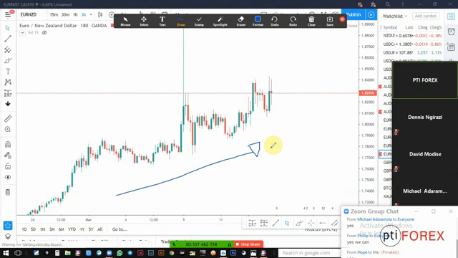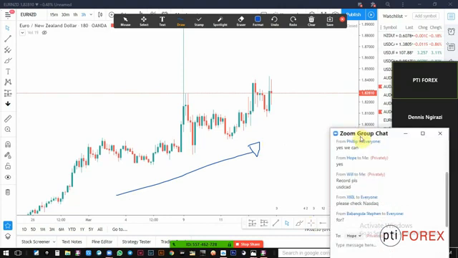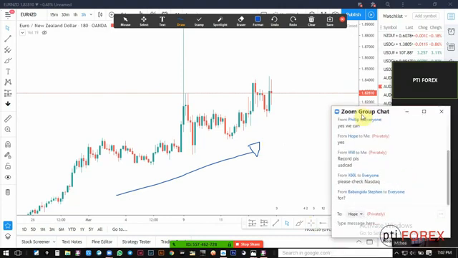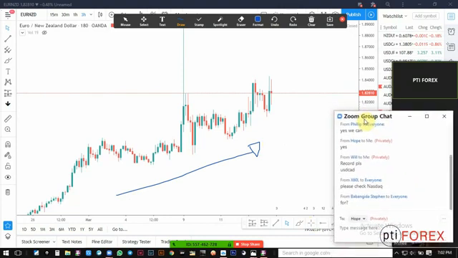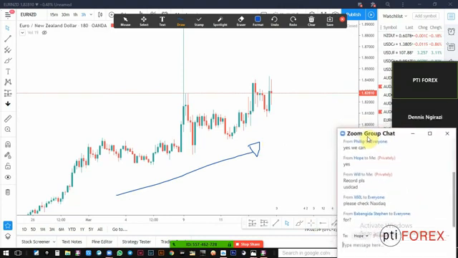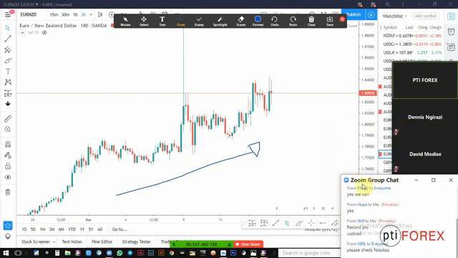The question that we need to ask is: is it a healthy uptrend, or is it an uptrend that is raising questions? That's the first question that we need to have as traders. Is it a good uptrend, or an uptrend that can be questionable? As I said in the previous analysis, we look for higher highs and higher lows, or lower lows and lower highs.